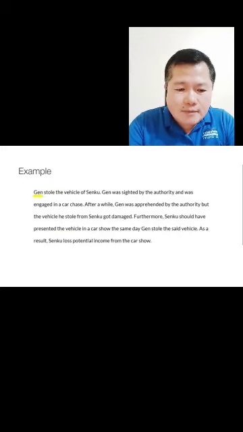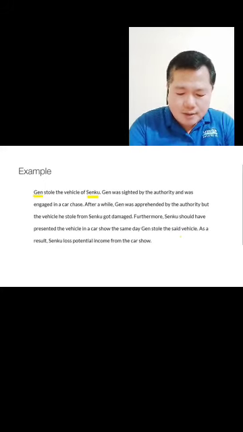Example: Gel stole the vehicle of Cinco. Gel was cited by the authority and was engaged in a car chase. After a while, Gel was apprehended by the authority, but the vehicle he stole from Cinco got damaged. Furthermore, Cinco should have presented the vehicle in a car show the same day Gel stole the said vehicle. As a result, Cinco lost potential income from the car show.